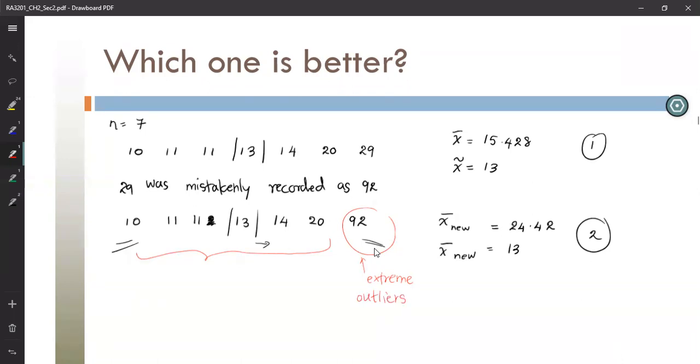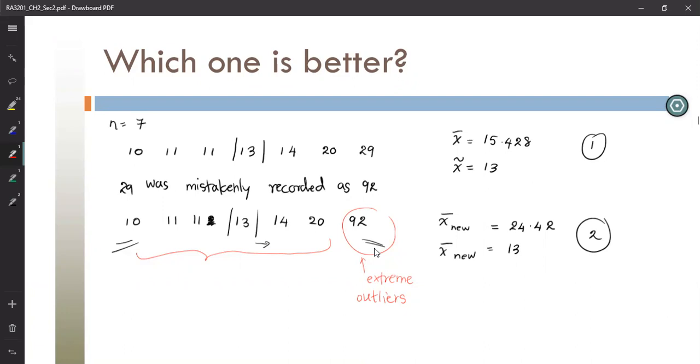Have you heard about this term anywhere else earlier? Outliers, extreme observations. Those are the observations which are far away from the rest of the data, which are uncommon observations, right? So whenever there are outliers in your data set, the median will not get affected, because the outliers are in the far ends.